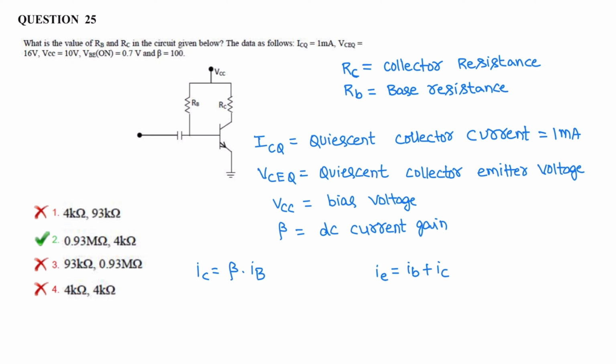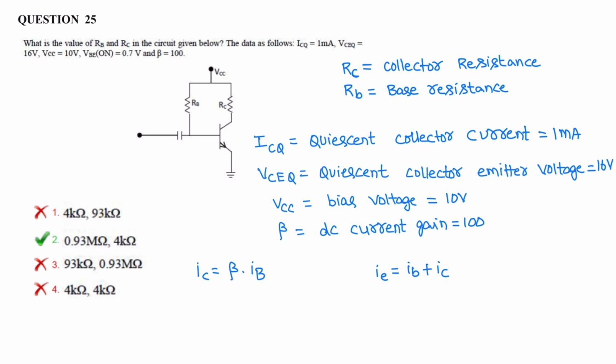RC is the collector resistance, RB is the base resistance, and the biasing voltage VCC is 10 volts. The DC current gain beta is 100, and VCEQ, the quiescent collector emitter voltage, is 6 volts. So this is the given data.